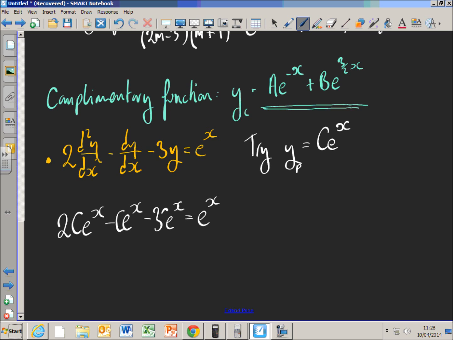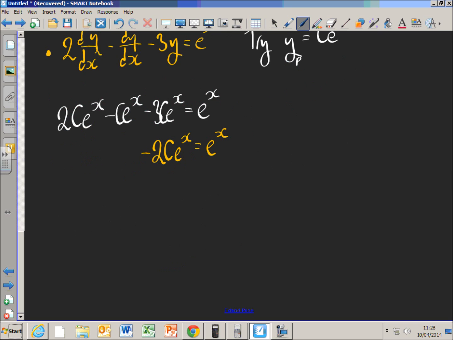There's a c there, isn't there? So when I put all this together, I've got 2c minus c minus 3c. Is that negative 2? Negative 2c e to the x equals e to the x. So what's c? Can e to the x ever be 0? So can I just say that negative 2c equals 1? Yeah. And so c is minus a half?